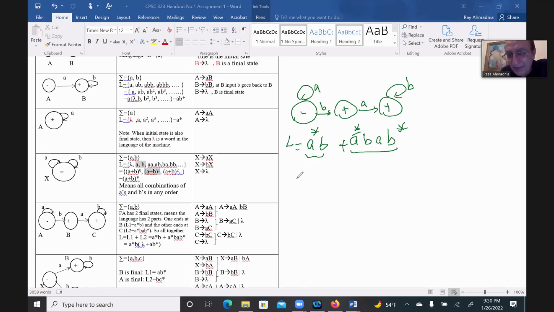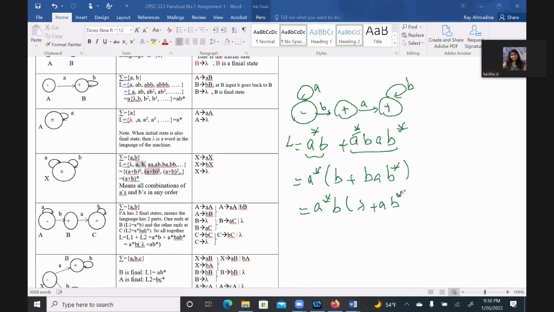Now if you want to simplify, A star is in common on the left-hand side. From this we get B, and from this one we get B, A, and then B star. Or we can say this one and this one have A star B in common: A star B, lambda or A B star.